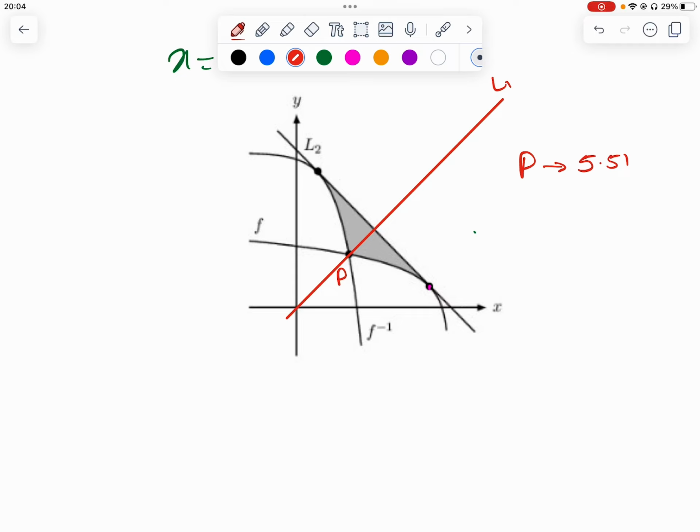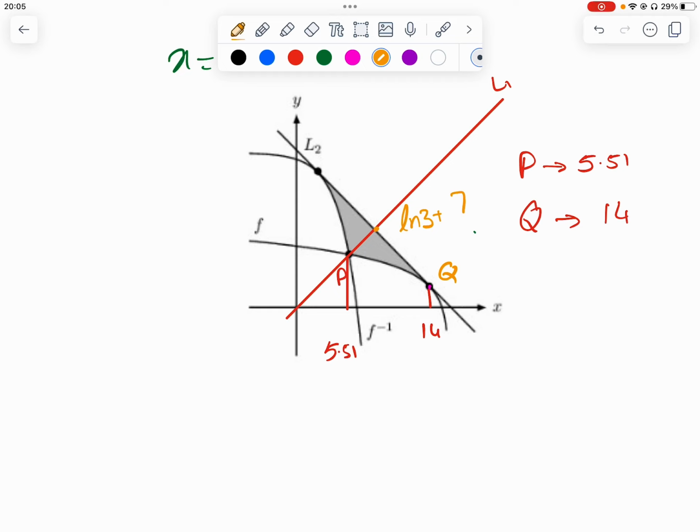The x value is 14. So this value is 14, and this value is 5.51. Now L1 and L2, where do they intersect? They intersect at ln 3 plus 7. So these are the values.